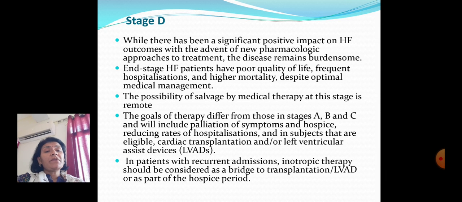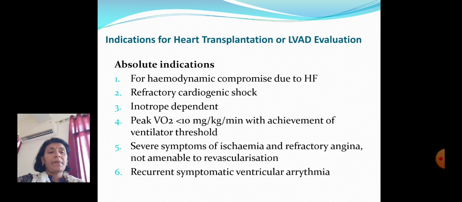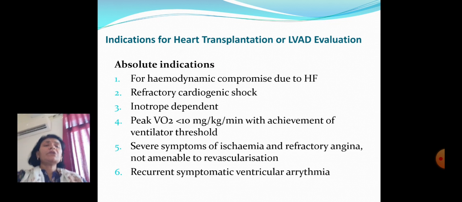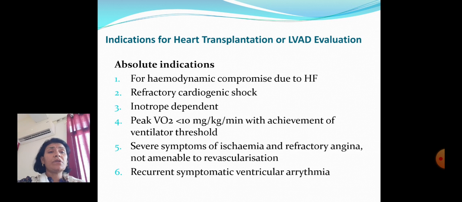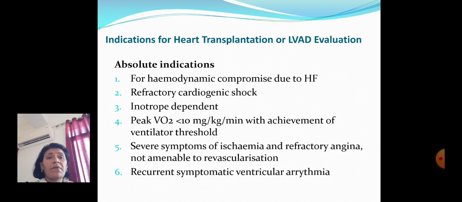In patients with history of recurrent admissions, inotropic therapy should be considered as a bridging to transplantation or LV assist device, or as part of the hospice period. Now coming to the indications for heart transplantation or LV assist device evaluation.